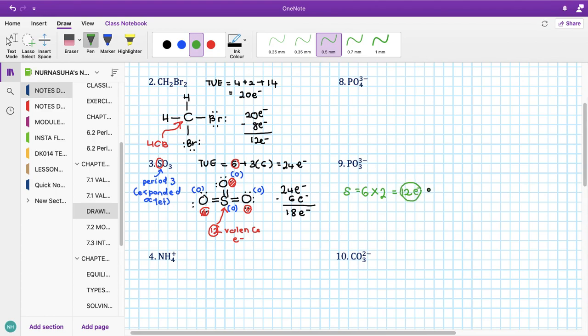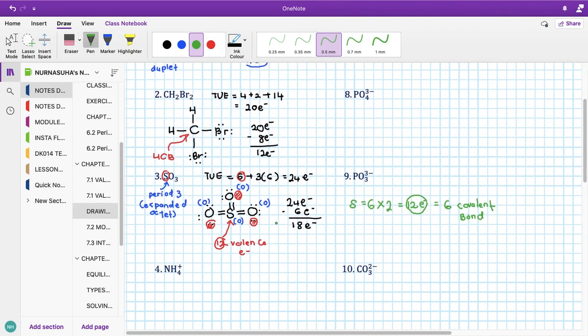So 12 elektron bersamaan dengan 6 covalent bond. Okay, bersamaan dengan 6 covalent bond. Nanti Miss akan tunjuk contoh untuk phosphorus.